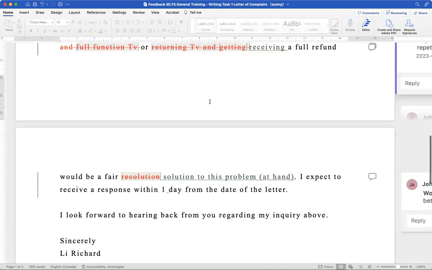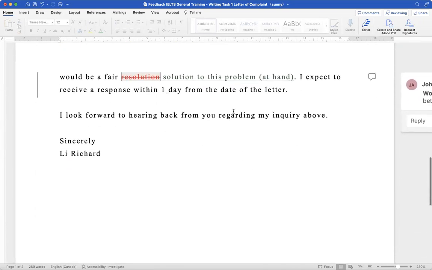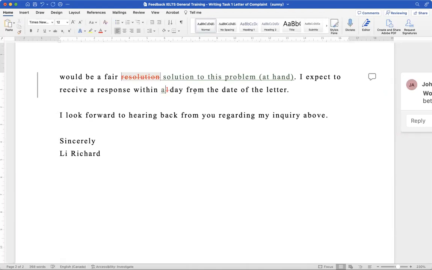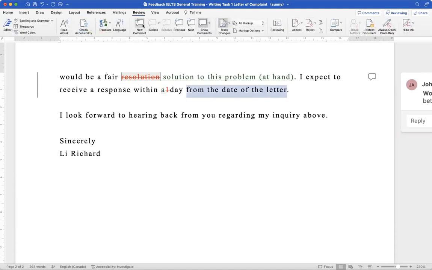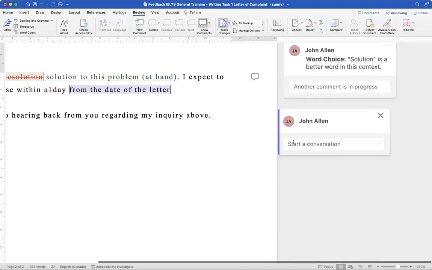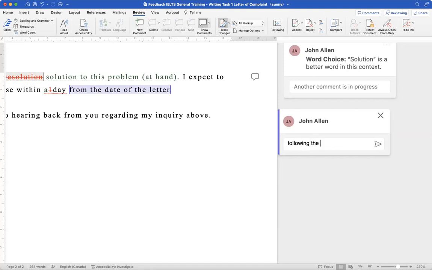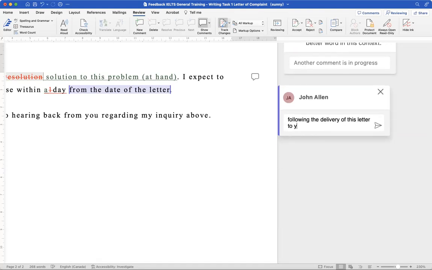Okay, great. Let me see. I expect to receive a response within 1 day. Within a day, we don't use a number in this way in the sentence. Within a day from the date of the letter, or you can say following the delivery of this letter to you.